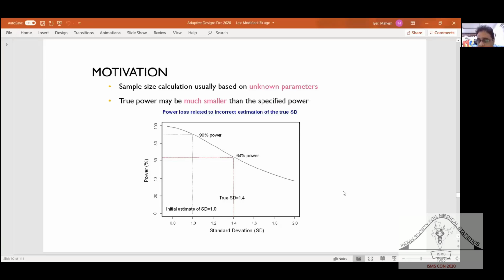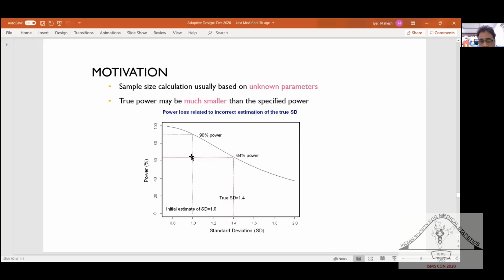But to calculate the sample size, you also need the standard deviation, which you really don't know. So let us say that you assume your standard deviation is 1, and based on that, this is your sample size that gives you 90% power.